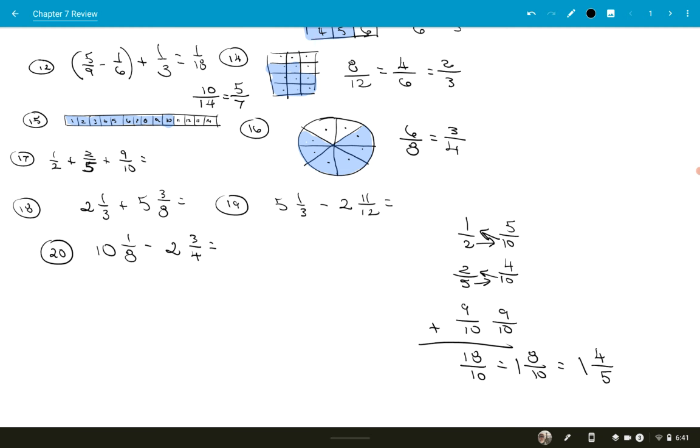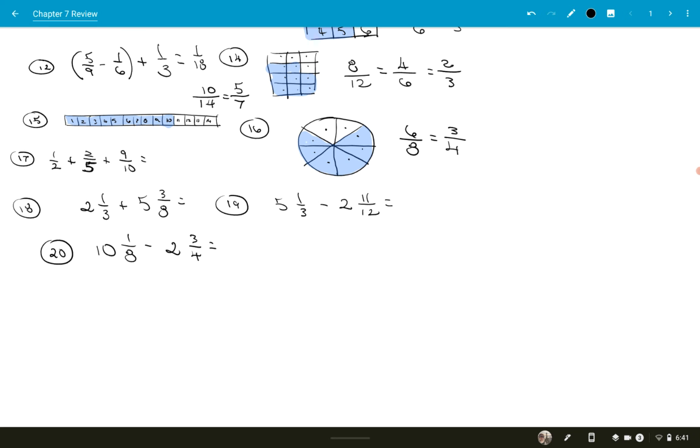Number 18, what have we got there? We've got 2 and 1/3, and we're adding 5 and 3/8. What's the common denominator? It's not 8.